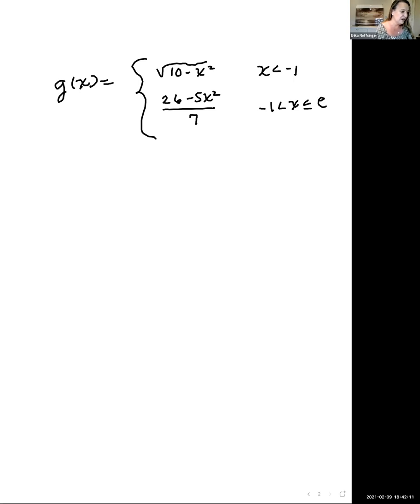And then the third equation is the natural log of x cubed, and this is for x greater than e. So it asks us, find the limit as x is approaching -1 of the function g of x.